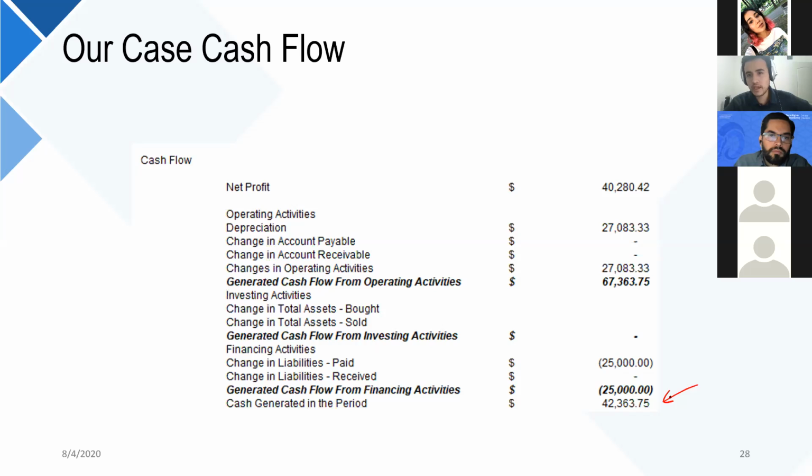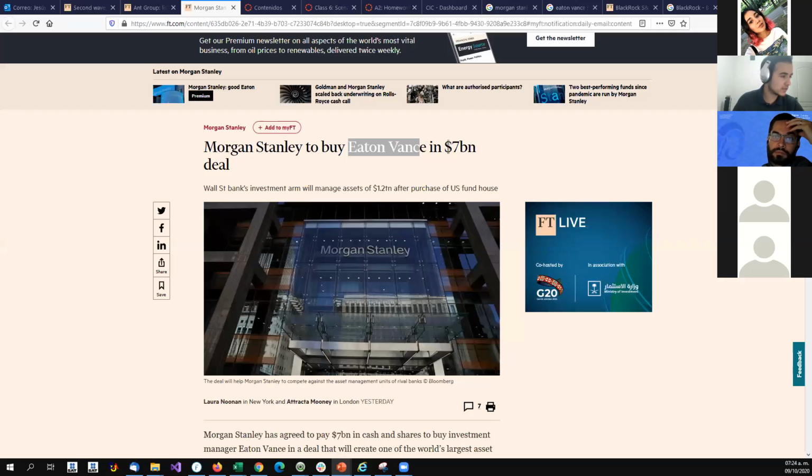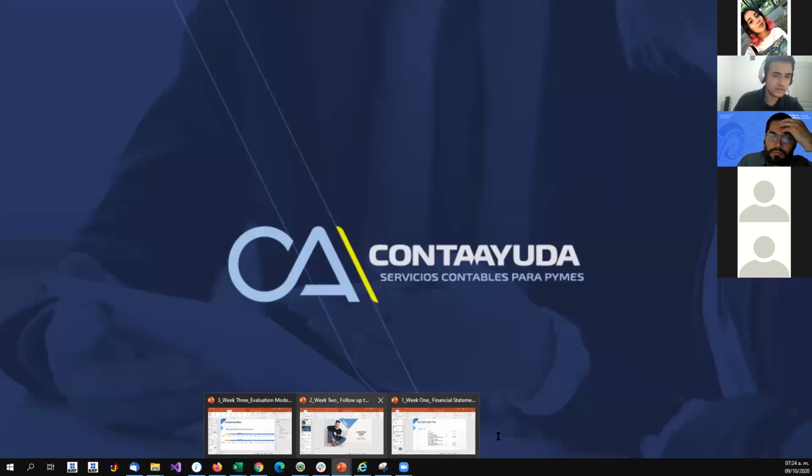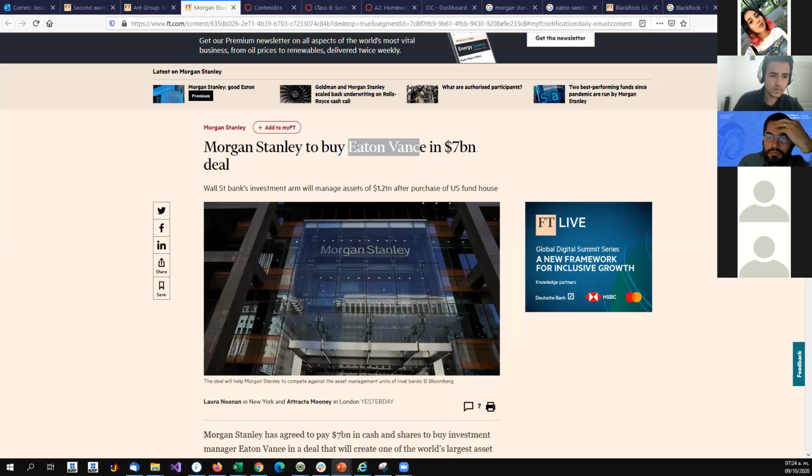But in the future, in case you are doing analysis on your own, you will be using this number here, the cash flow from investing activities, and you will actually add back the interest expense and also reduce the tax shield, following the formula you saw here.